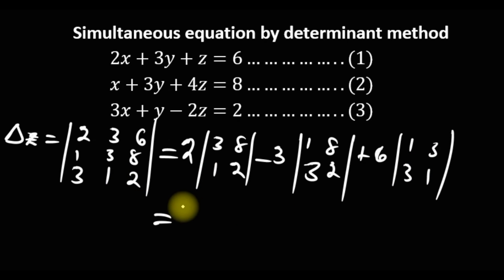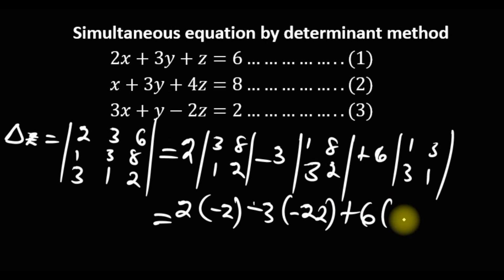So we have 2 times 6 minus 8, which is minus 2, minus 3 times 2 minus 24, which is minus 22, plus 6 times 1 minus 9, which is minus 8.